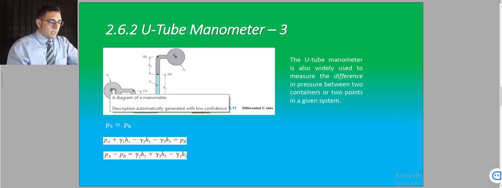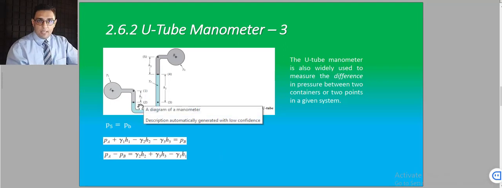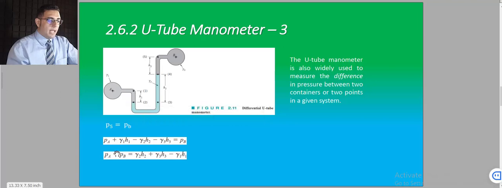If we have a pressure PA, which is equal to the pressure of 1, going downward is going to add pressure. So PA plus gamma 1 H1 minus gamma 2 H2, since we are going upward.